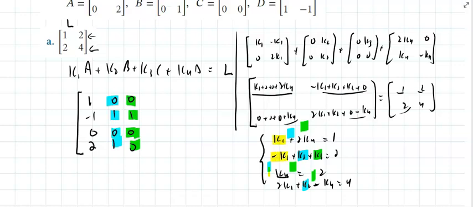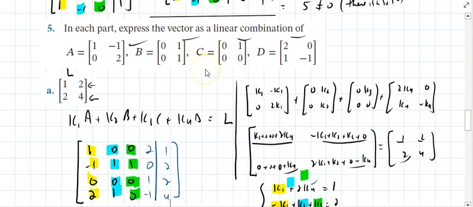K1, K1, K1, and 2. And of course, the last one, K sub 4, tell it is 2. There's none here. There's 1 here, and there's negative 1 there. And that will equal 1, 2, 2, and 4.